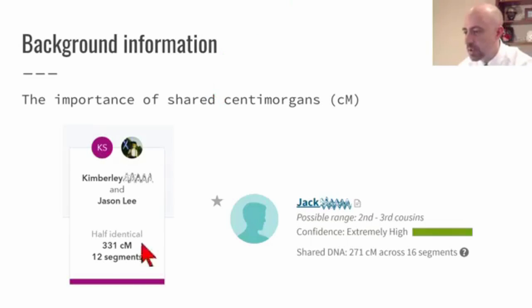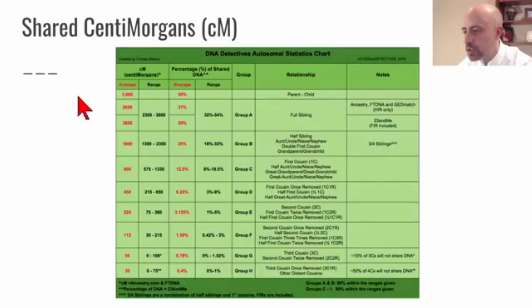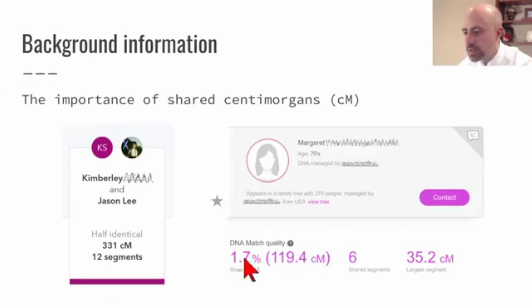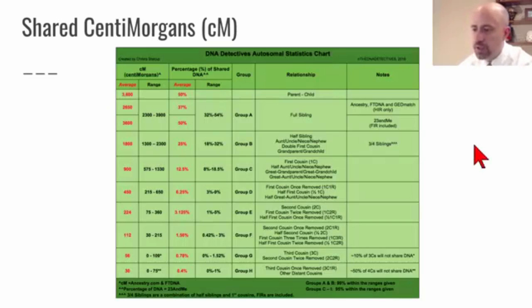As you can see here, this is what 23andMe provides to show your centimorgans, and this is what Ancestry DNA does to let us know about centimorgans. And MyHeritage displays centimorgans very prominently here. So they all give you centimorgan values, and we're beginning to understand the importance of centimorgan values collectively as researchers.